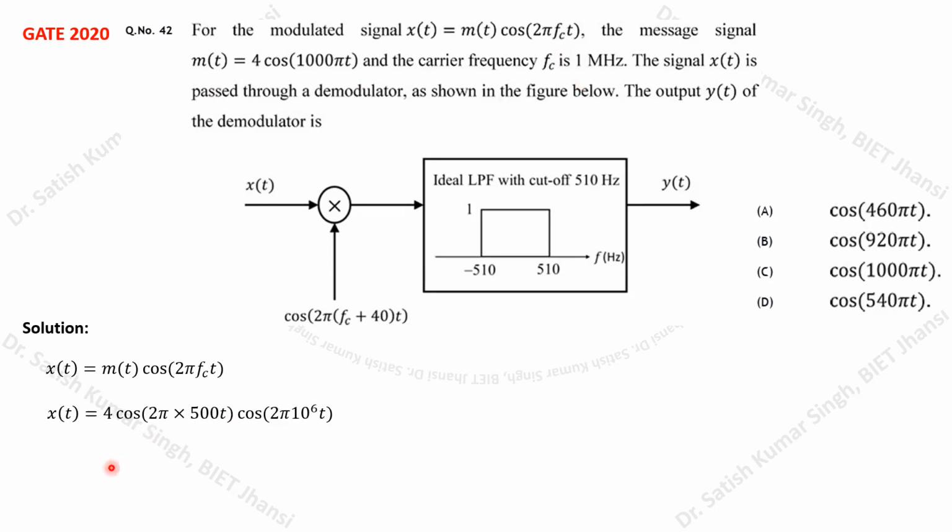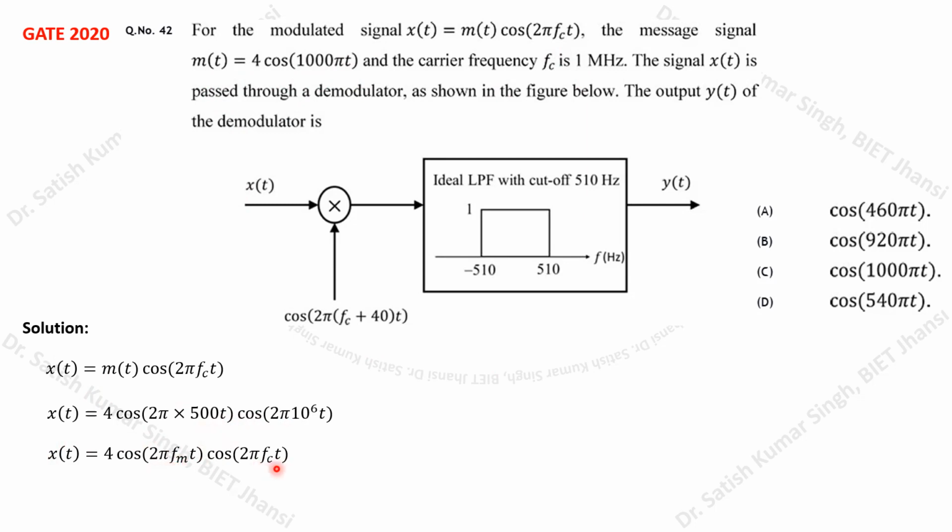So here we can write x(t) = 4 cos 2π·500t cos 2π·10^6 t. If we see this expression, we can write it in this particular notation: 4 cos 2πfmt cos 2πfct.